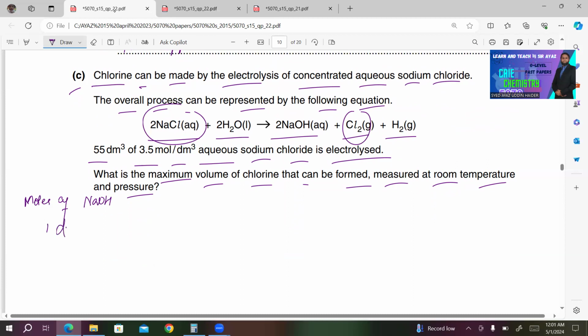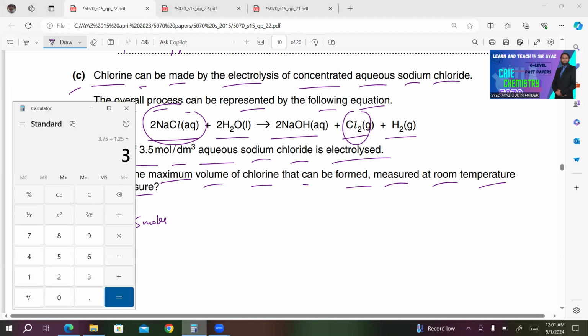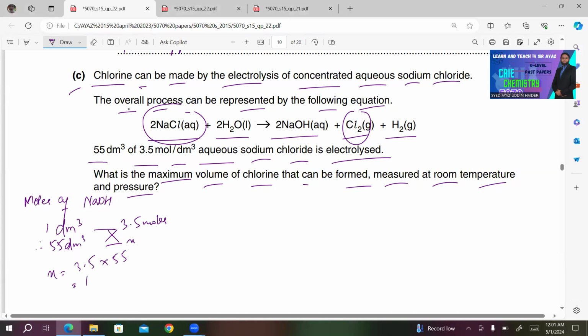So 1 dm3 contains 3.5 moles. Therefore, 55 dm3 contains X moles. Do the crossing, so you'll get X equal to 3.5 multiplied by 55. So what you will get? 192.5 moles. You have the moles of sodium chloride.